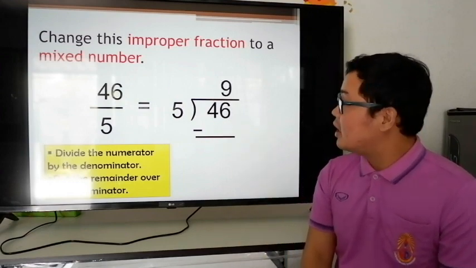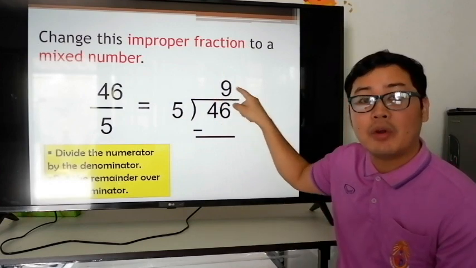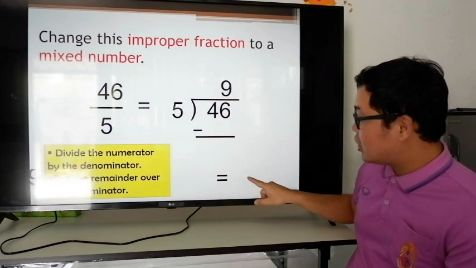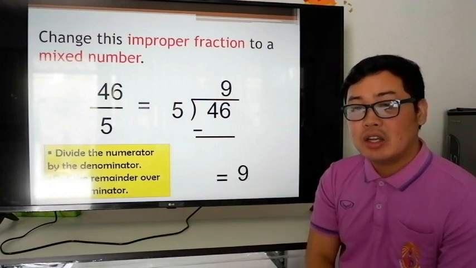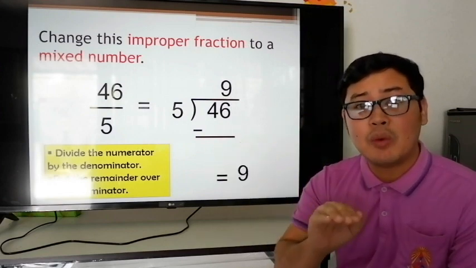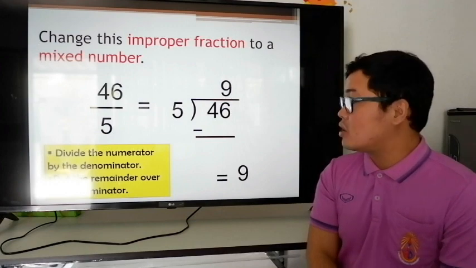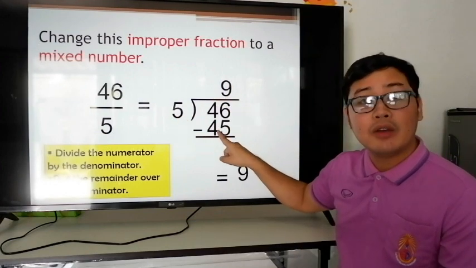Okay, we have 9. Okay, since we have already our whole number, our answer, so we have to put our whole number here, 9. So what's next? We are going to find out our numerator and our denominator. So let's have 9 times 5 is equals to 45.